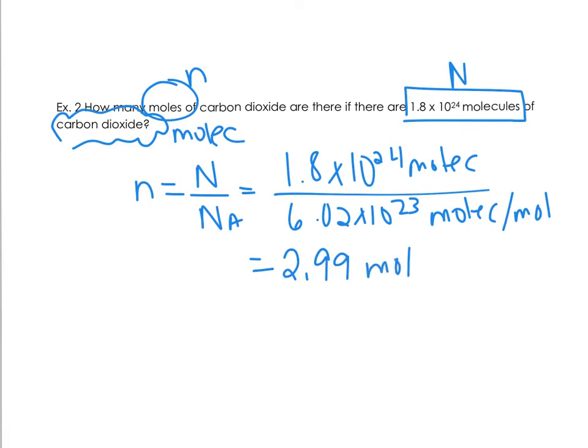We have only two significant digits in 1.8 times 10 to the 24, so we can only have two significant digits in our answer, so that becomes 3.0 moles. So there's 3 moles of carbon dioxide if we have 1.8 times 10 to the 24 molecules of carbon dioxide.